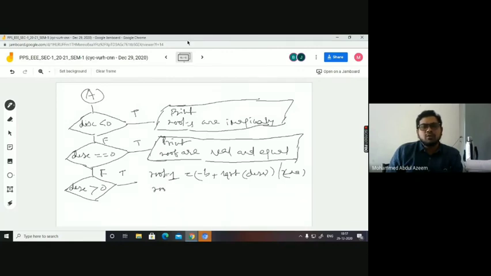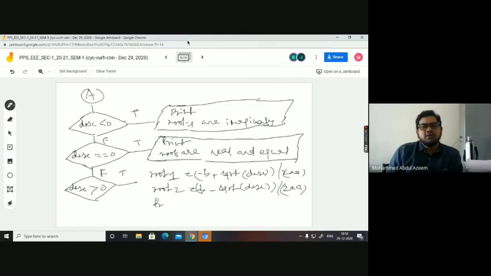Then root 2 equal to minus b minus sqrt of disc by 2 into a.